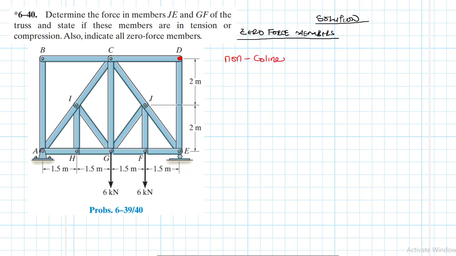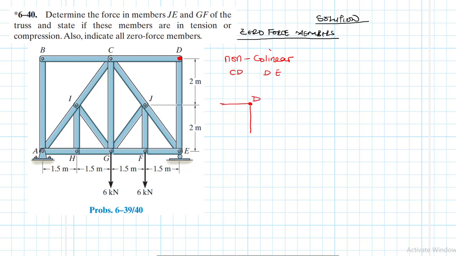These members are CD and DE. So we are saying these two members are not in a straight line. They are non-collinear.